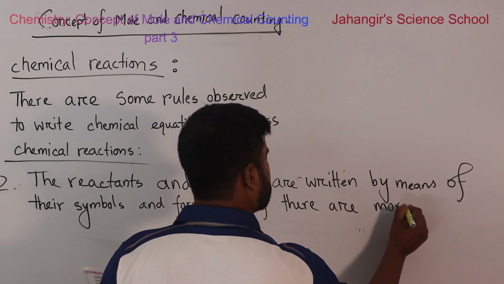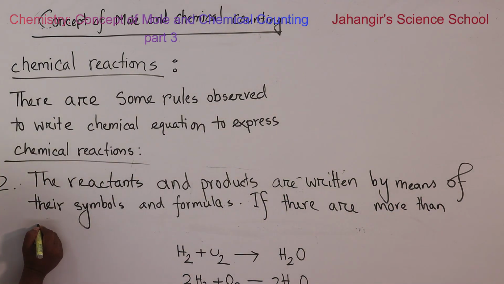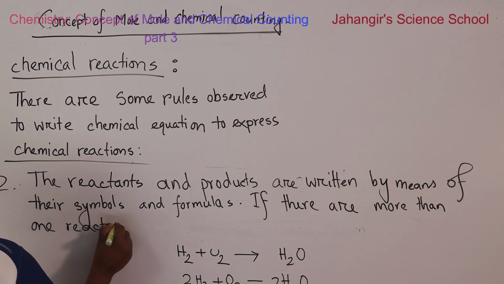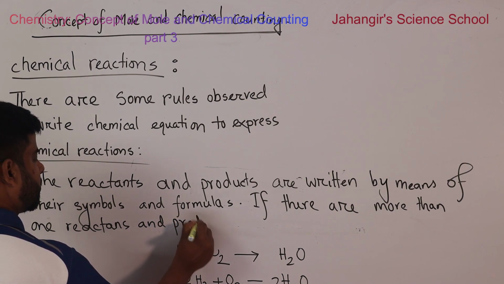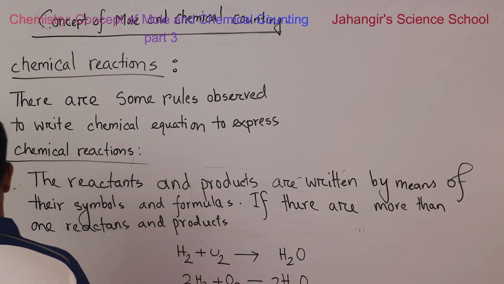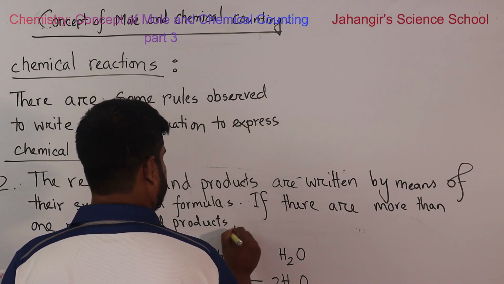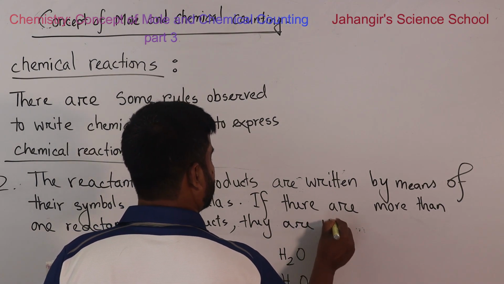If there are more than one reactants and products, they are written with a plus sign.